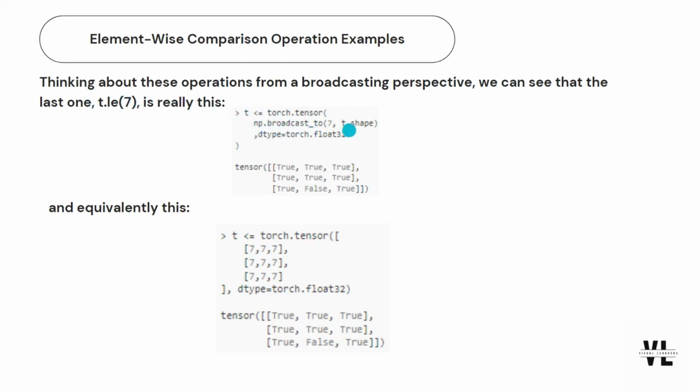Then we can broadcast the scalar into the shape of the first tensor first, and then convert this back to a tensor because this is a NumPy array. Then it's going to compare the tensor t with the broadcasted scalar 7, and then we can get the same output.